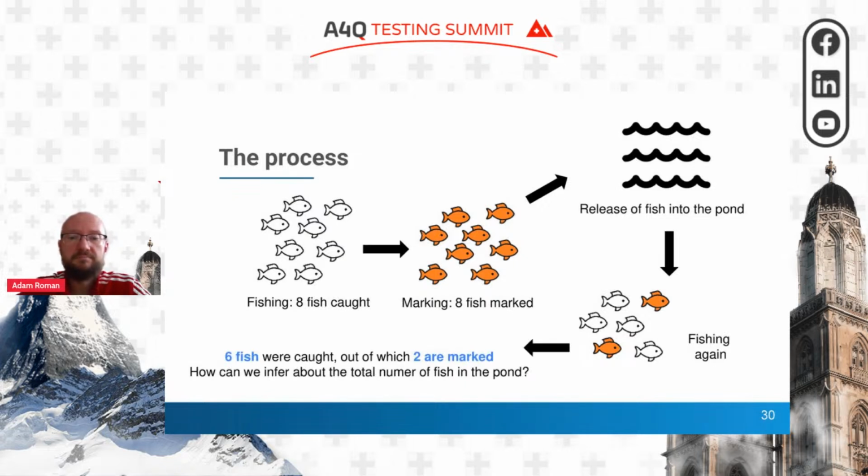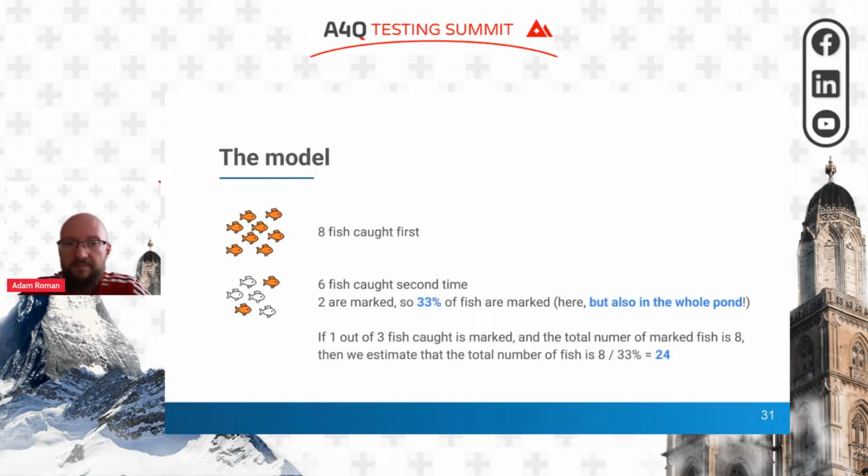So yes, we can do this, and the analysis is very simple. If first there were 8 fish caught and painted orange, let's say, and then the second time we caught 6 fish, 2 of which were marked, it means that 1/3, 2 out of 6, of the fish here is marked, and we assume that this proportion also holds for the whole pond.